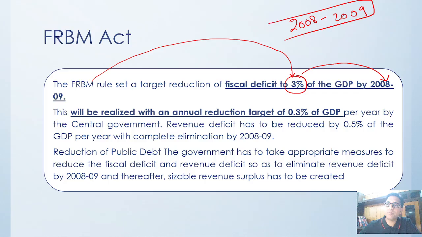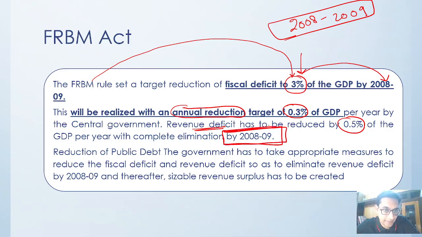That means you have to make a yearly annual reduction of the fiscal deficit by 0.3% of GDP per year by the central government, and also reduce the revenue deficit by 0.5% of GDP per year, and completely eliminate the revenue deficit. That means you should not have a revenue deficit by 2008 and 2009.